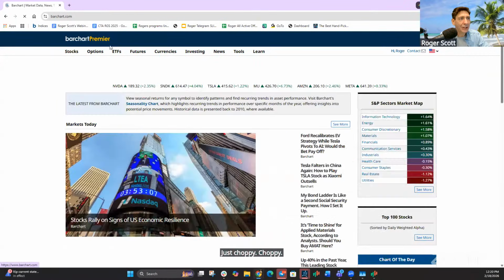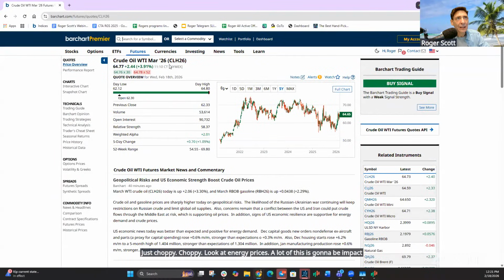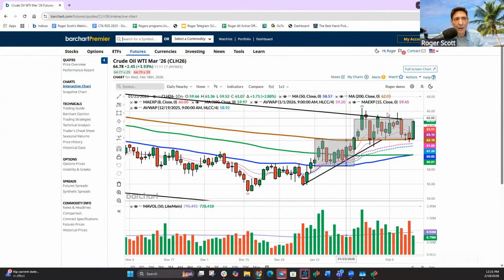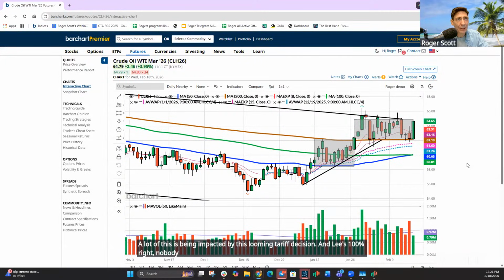Look at energy prices. A lot of this is being impacted by this looming tariff decision. And Lee's 100% right. Nobody knows what's going to happen, ever.